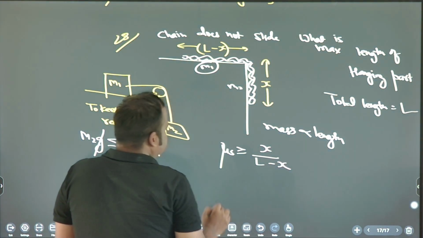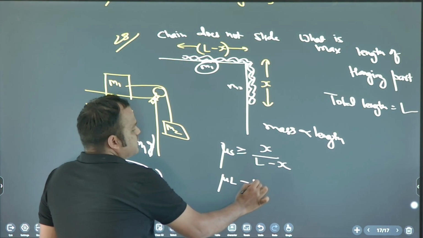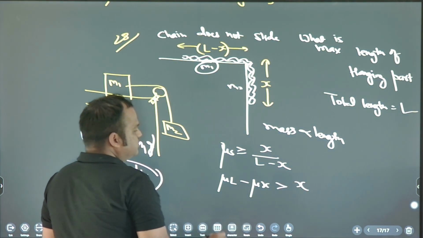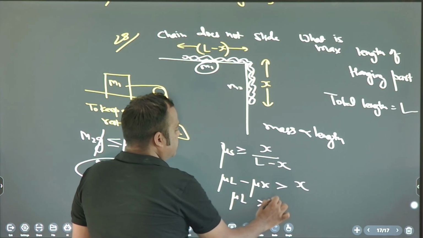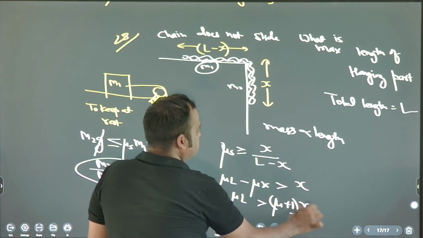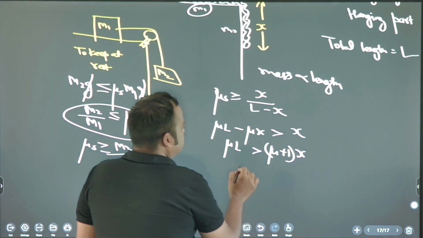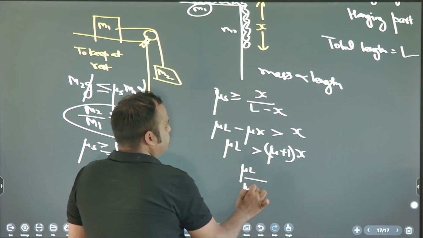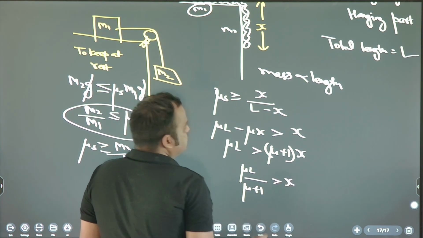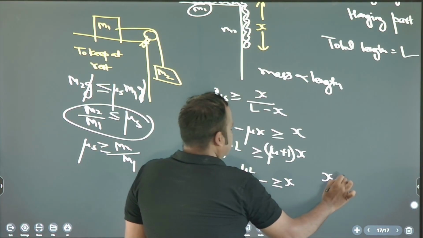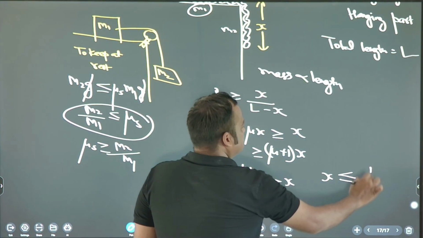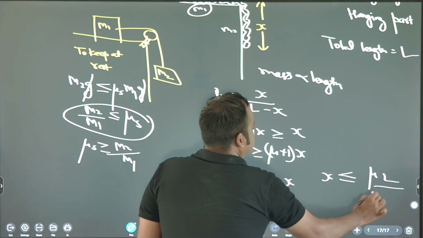Correct, good. So mu L minus mu X must be greater than X. So mu L must be greater than mu plus 1 into X. So mu L by mu plus 1 must be greater than or equal to X. So X must be less than or equal to mu L by mu plus 1.